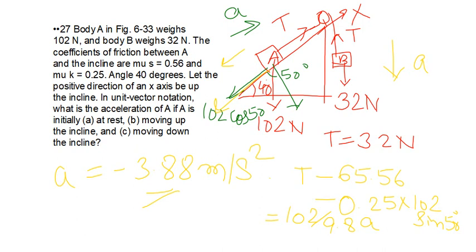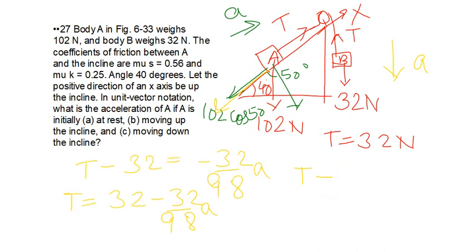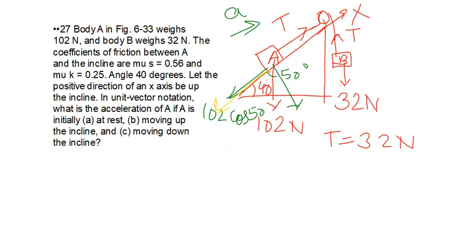Now let's take part C, moving down the incline. When we resolve the forces, this time the acceleration is down, so the acceleration is marked like this. The block B will move up.